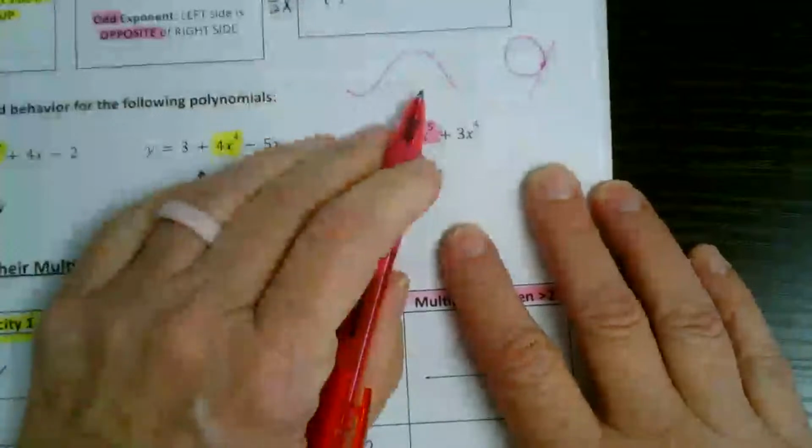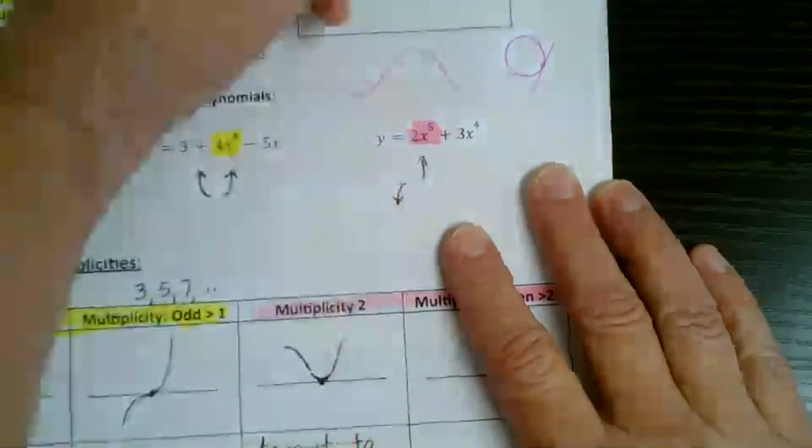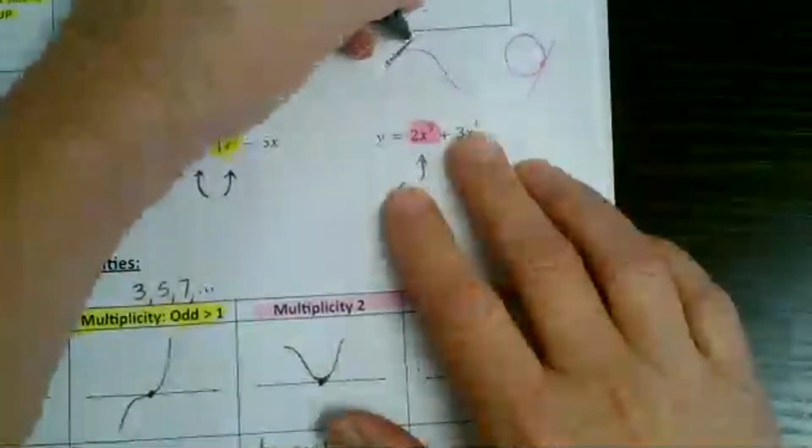Let's say I have a curve that looks like that, and I want to draw a line that's tangent in one spot, then that line would look something like that. That's a line of tangency, only touches one spot. But if I wanted a secant line, okay, say that again.